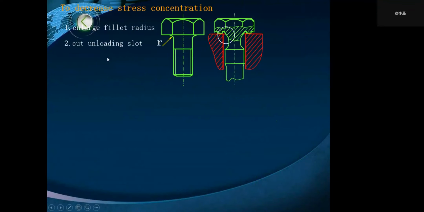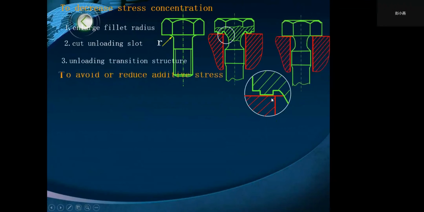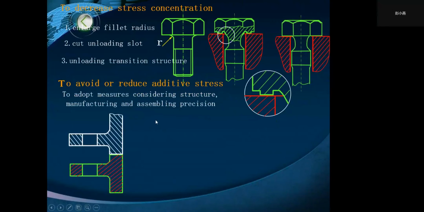And to decrease stress concentration, first increase the radius or cut unloading slot like this to avoid or reduce additive stress.